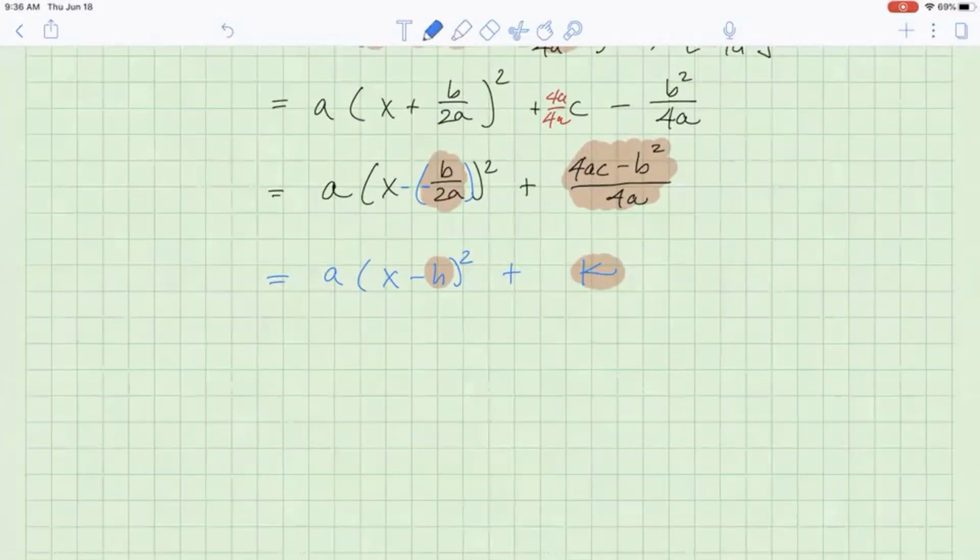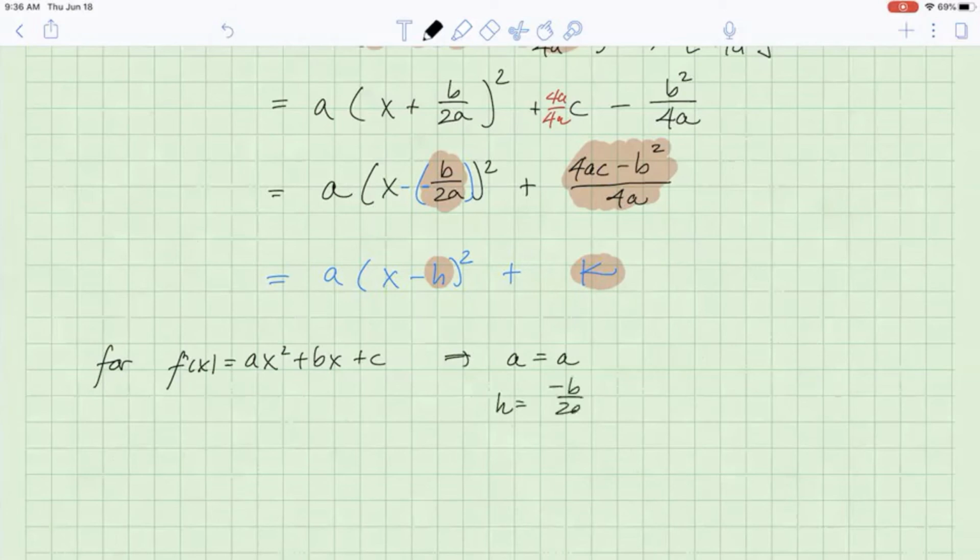And so then our formula shortcut is for f of x equals ax squared plus bx plus c: a equals a, h is equal to negative b over 2a, and k is 4ac minus b squared over 4a. Now k is a little bit complicated, but h is easy to get. This one is the gem. That's the one we really want.